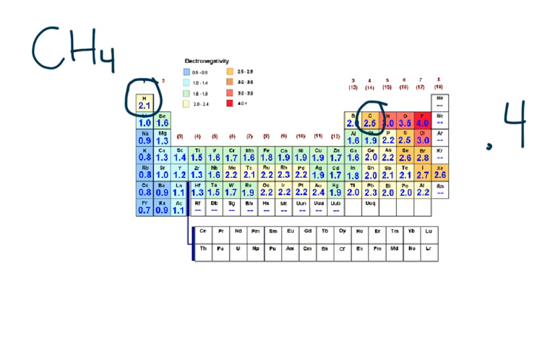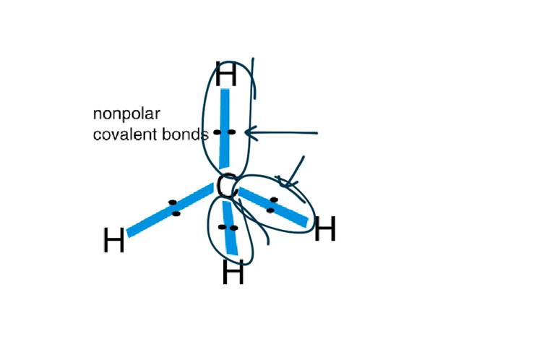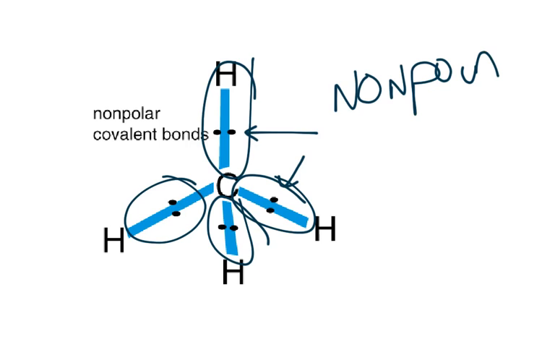So they really do share their electrons equally. When I look at the methane molecule, you see this time the electrons are basically splitting the difference between the carbon and the hydrogen. They're not pulled closer to one side than the other. So each of these four bonds is called a non-polar covalent bond.